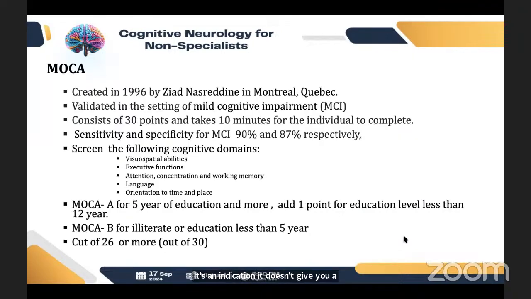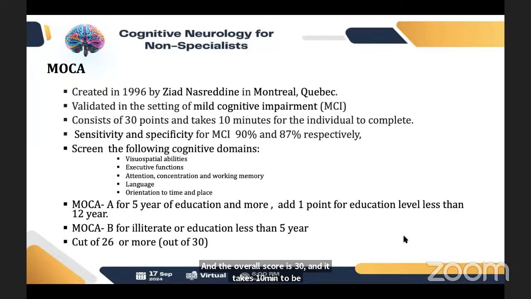For the MoCA, it was created in 1996. And as I mentioned earlier, it has 2 versions. It was validated for patients with mild cognitive impairment. The overall score is 30, and it takes 10 minutes to administer.